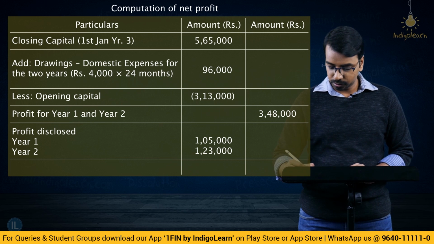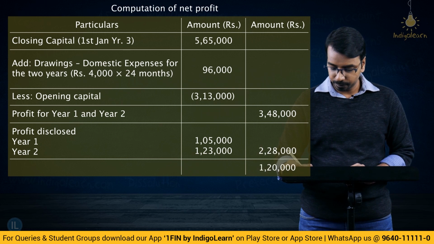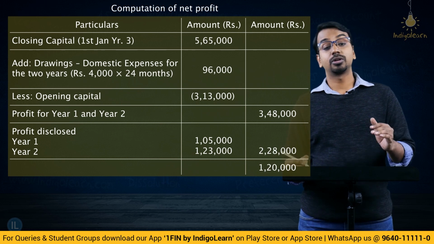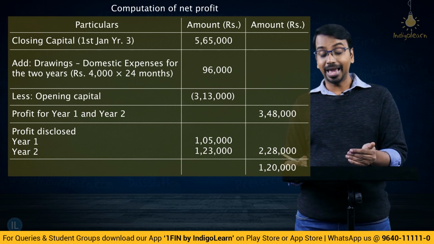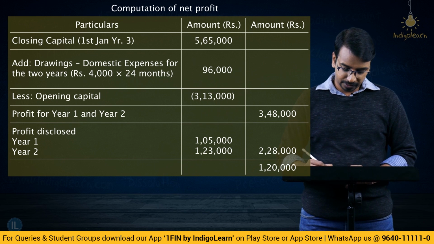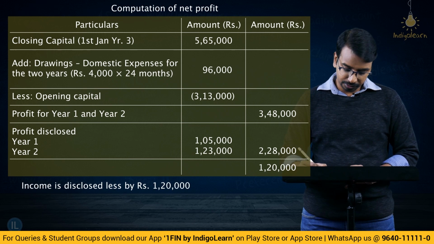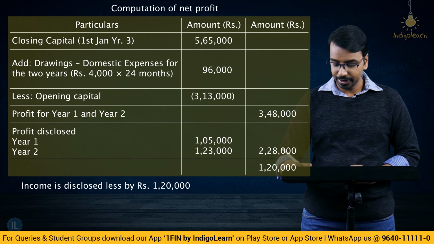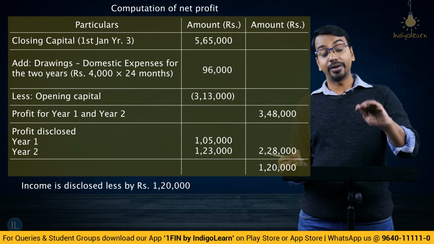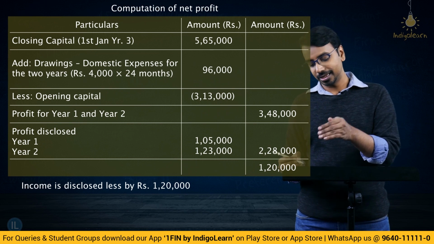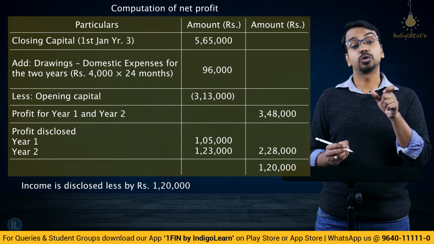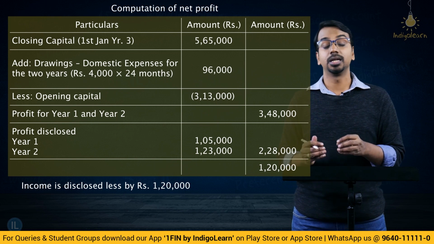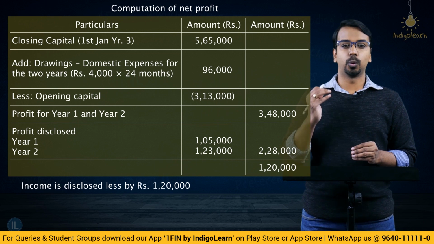Total profit disclosed is 2,28,000. What should have been actually disclosed? 3,48,000. So income disclosed is less by 1,20,000. He should have declared 3,48,000. He has actually declared only 2,28,000. So the difference, that is 1,20,000, is what has been under-reported.